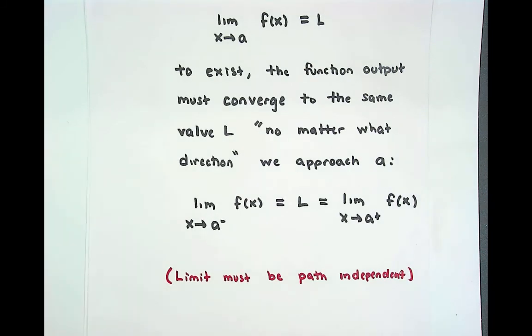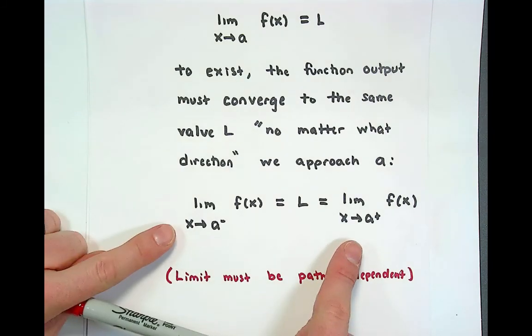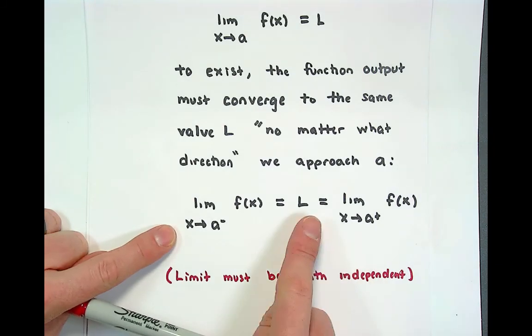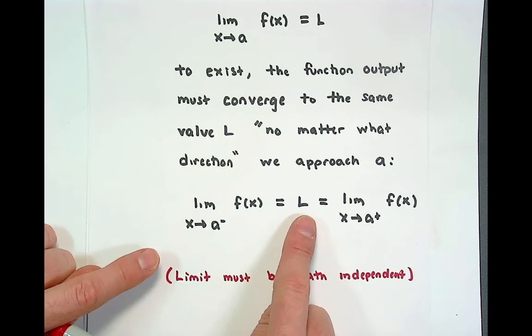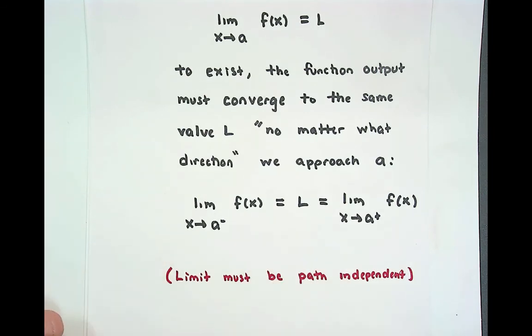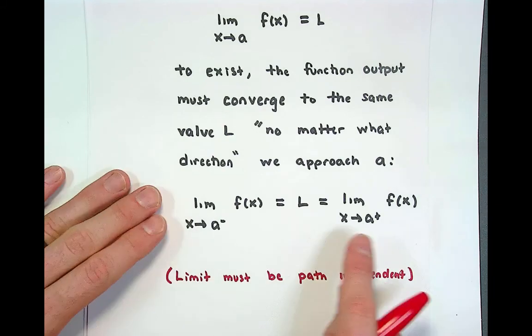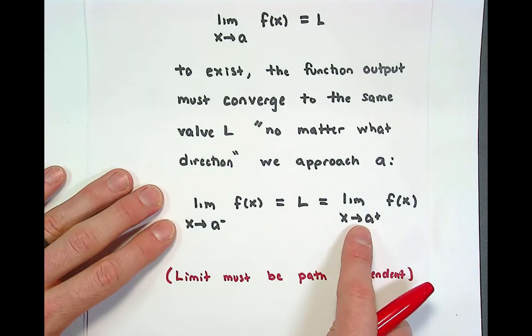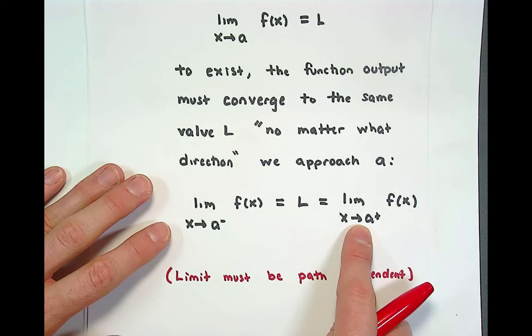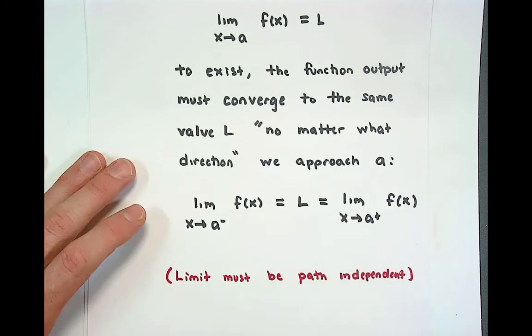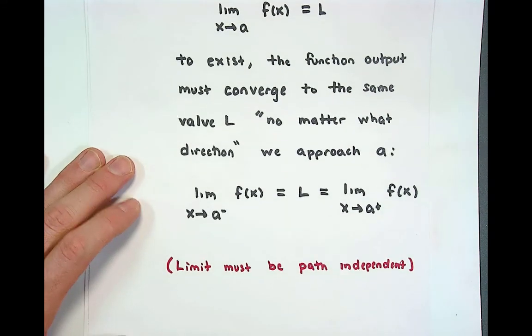In Math 1C, we're going to introduce this as the concept that the limiting value must be path independent. No matter what path you travel in the domain, if the limit exists, we should always end up at the same output value. The reason this is important is that in multivariable limits, we're going to see there's more than two possible directions.